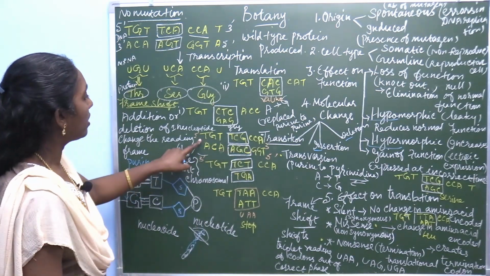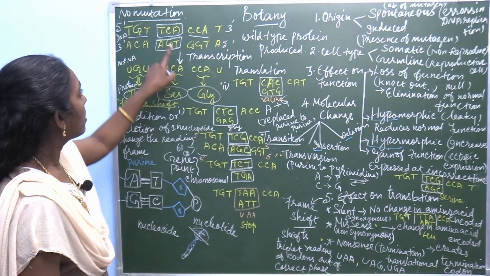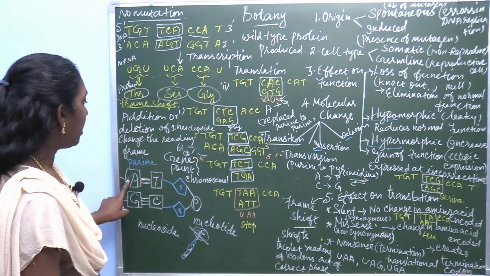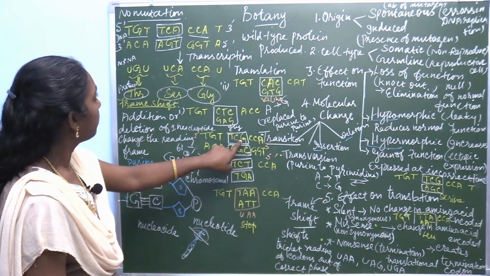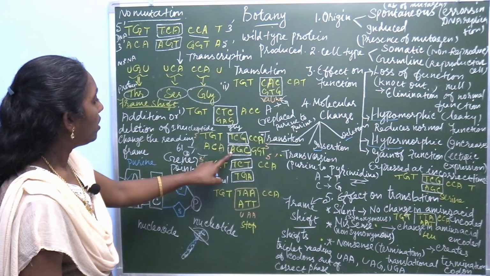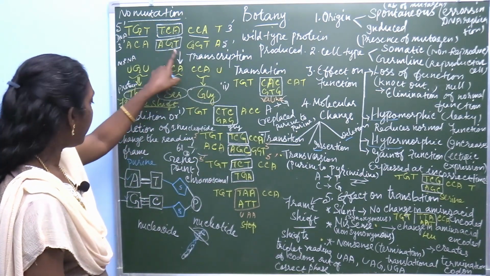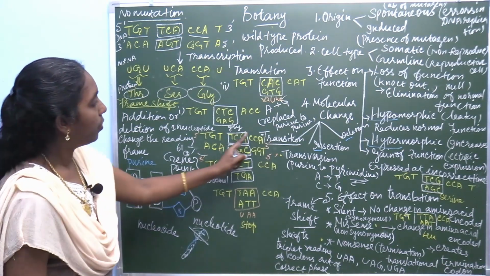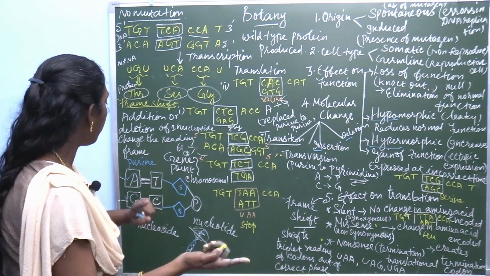Take this as an example. First sequence, this is the normal one. What's the sequence? TCA. So instead of A, adenine, which is a purine, here it is guanine. Instead of adenine and thymine, purine is replaced by purine.